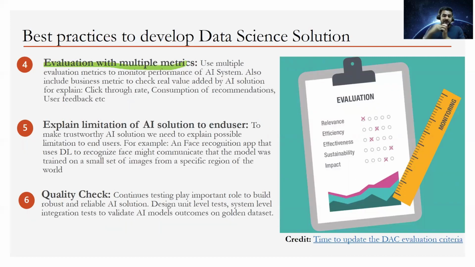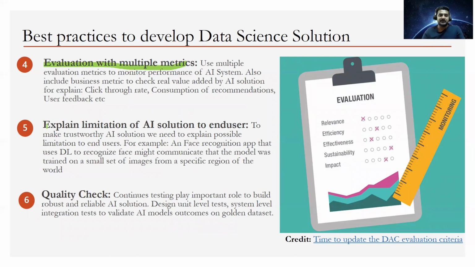You can utilize these kinds of metrics to monitor the performance of your AI model, and you can showcase these business metrics outcomes to your stakeholders. These are the real-time value added by your system to the business, and these are the number of predictions or recommendations consumed by the end users. You can showcase these to your stakeholders and management also.